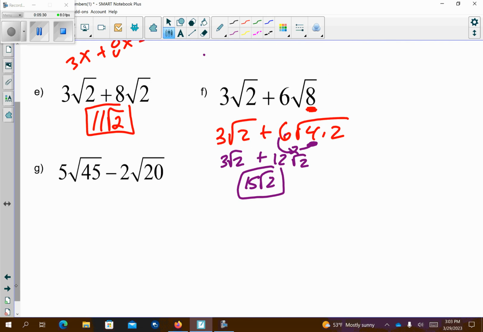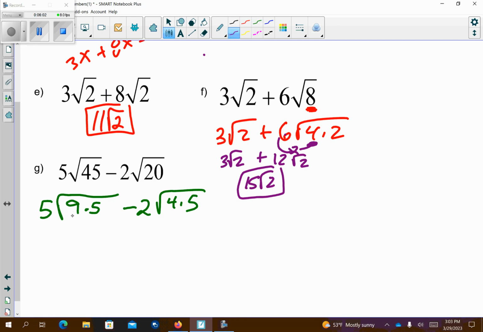What do you think about letter G? I bet you I could break 45 down. What does 45 break down to? Yeah, 9 times 5. 9's the biggest perfect square in there. It also would have been 3 and 15, but neither 3 or 15 are perfect squares. Then let's break 20 down. What perfect square times another number gives me 20? Yeah, 4, so I get 4 times 5.